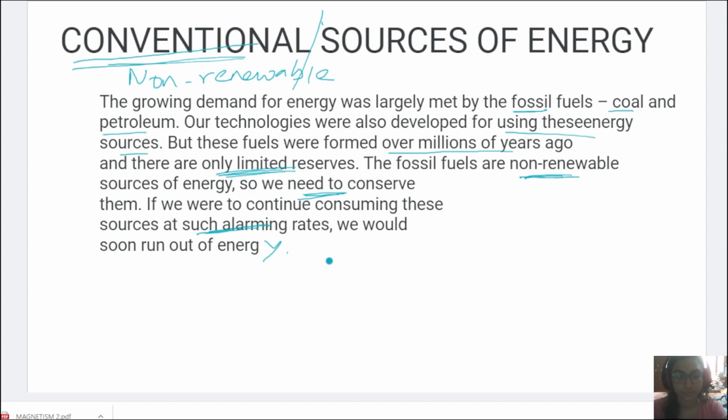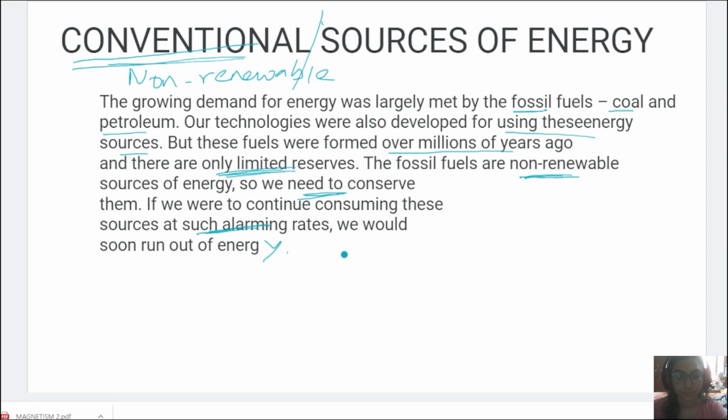So that is what I was telling you: the necessity for fossil fuels has increased with car companies coming out with new cars every day. We need petrol, we need diesel for these cars, and for a lot of other machines we need coal, for literally everything we can think of. We need it for the power plants to generate energy. If we don't have power plants, we won't have energy.